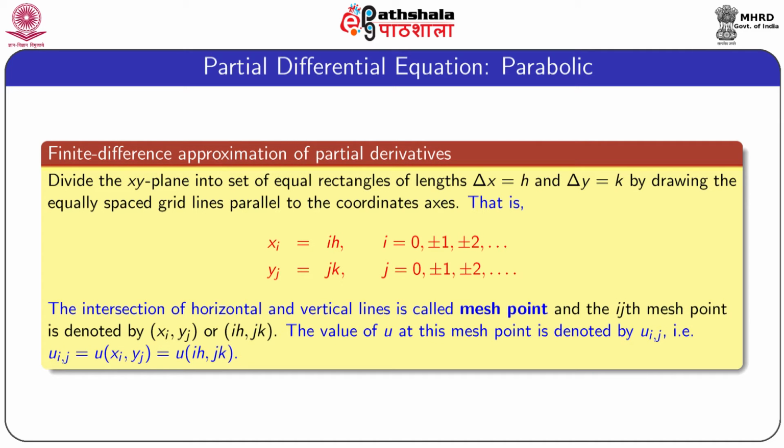The value of u at this mesh point is denoted by uij, that is, uij means u at the point xi comma yj, which is equal to u at ih comma jk. Our problem is to find the values of u for different mesh points.